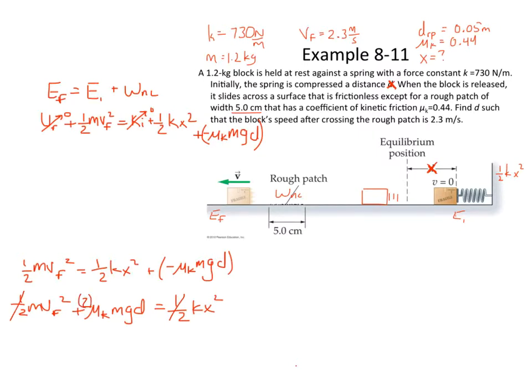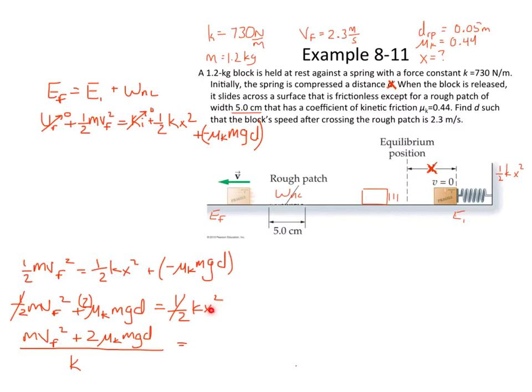So it's going to have a 2. And we're also going to divide everything by this k right here. So it's going to look like this: mv final squared plus 2 mu k mg d, all divided by our spring constant k, equals x squared.